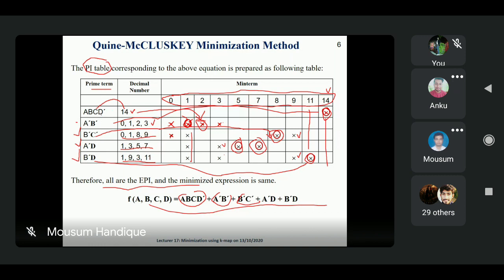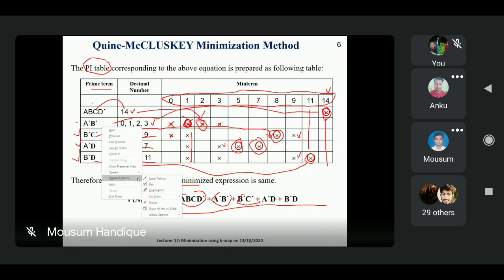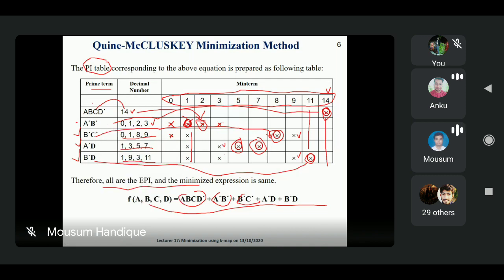In this particular table, whatever terms we are using must all be PI, and we get this from the table. Are you getting my point? So when we construct the table, the table name is PI, meaning prime implicant.